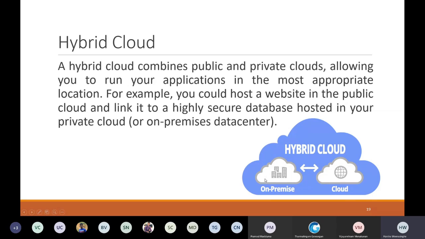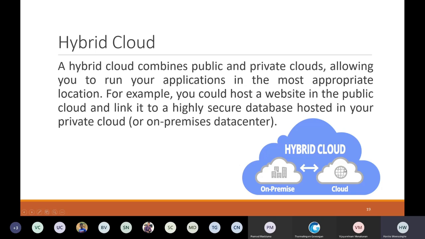Here, in the on-premises side, you can keep your databases and your sensitive data. In the public cloud, you can host your applications and do all the load balancing and scaling. Whenever you want to access a data segment, you can create a tunnel between these two. You get the data segment from the on-premises data warehouse and send it to the cloud.